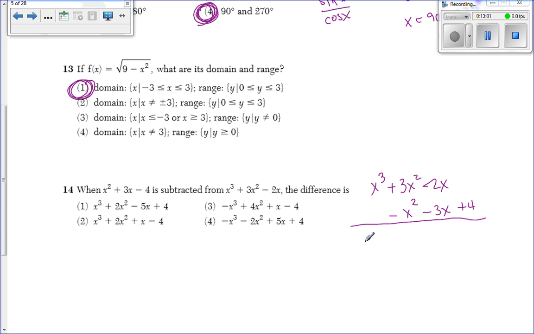So now I'm going to add them because I've changed all my signs. X cubed plus 2x squared minus 5x plus 4. I mean, knowing that this became a positive 4, I could have automatically gotten rid of those two. And then I just had to watch my sign.